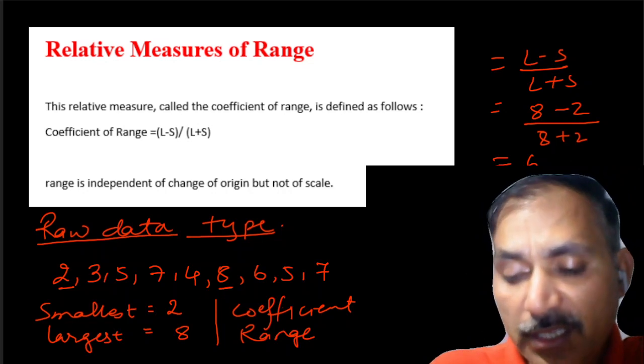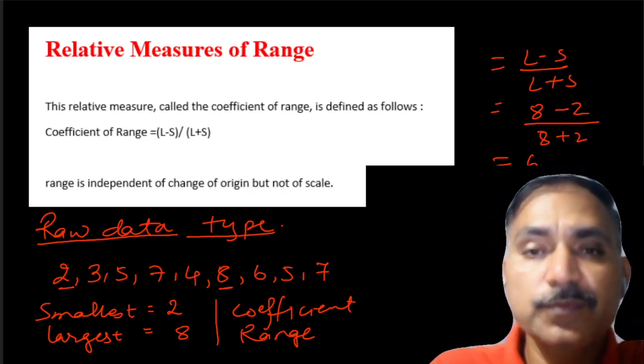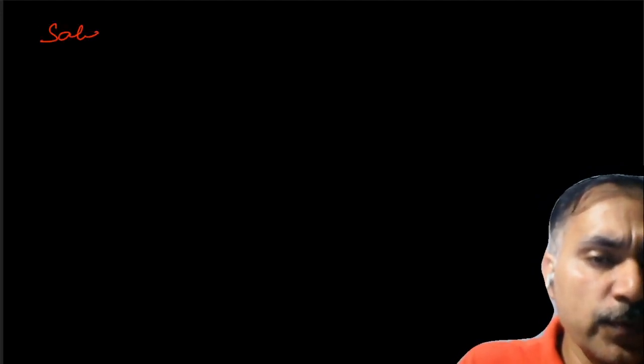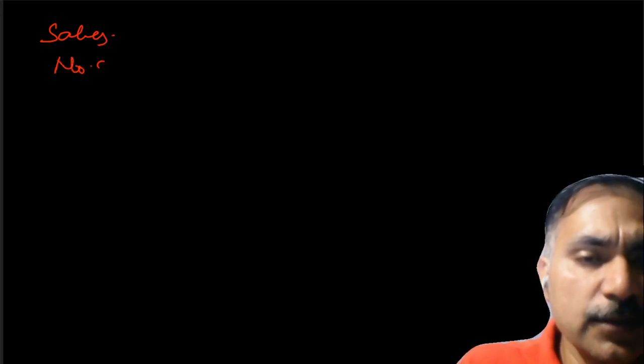Let us go to the discrete type data. When it comes to discrete type, let us take an example. This time, I'm taking sales and number of days.